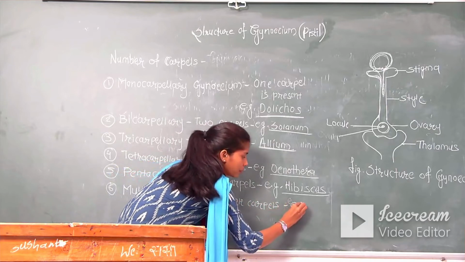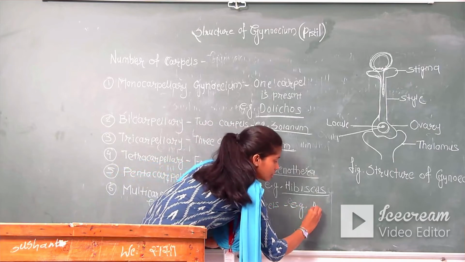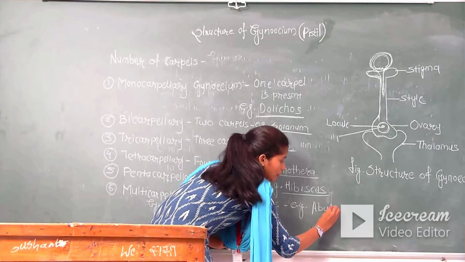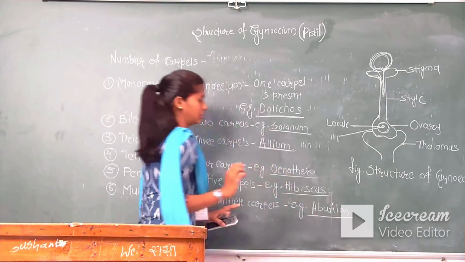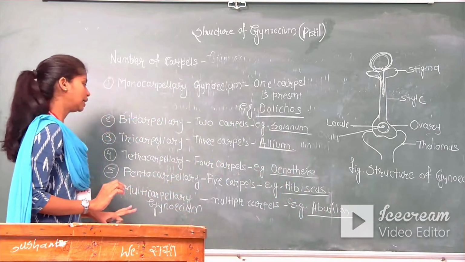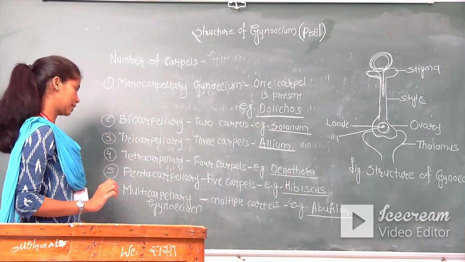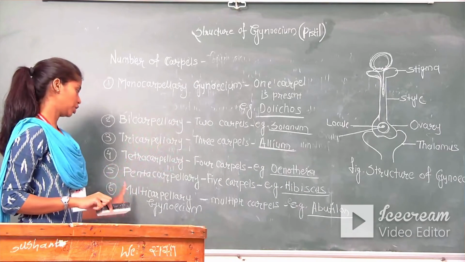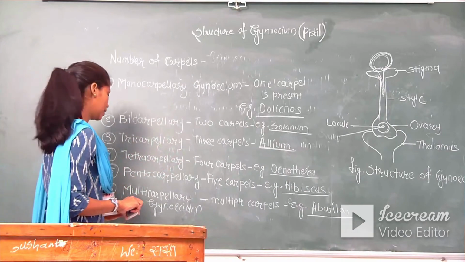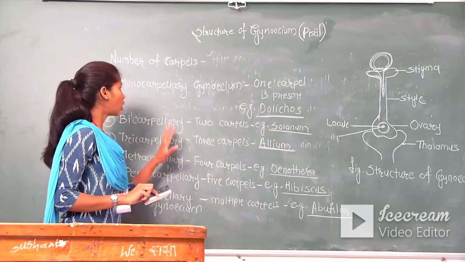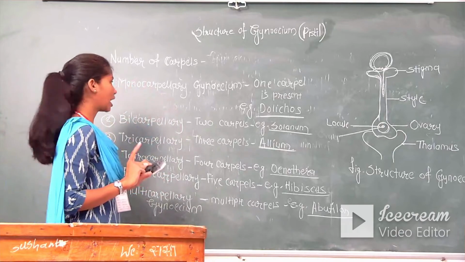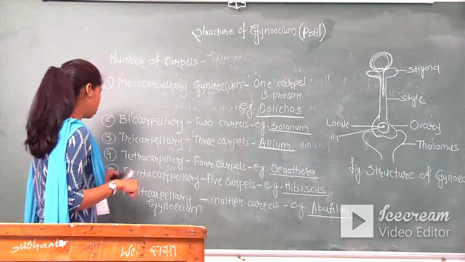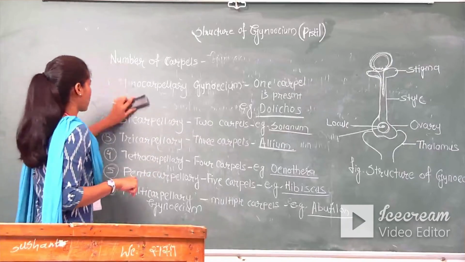Example is Abutilon genus. In case of Abutilon, multiple number of carpels are present. Hence, its gynoecium is known as multicarpellary gynoecium. So this is all the number of carpels. Depending upon the number of carpels, gynoecium is classified into these 6 types.